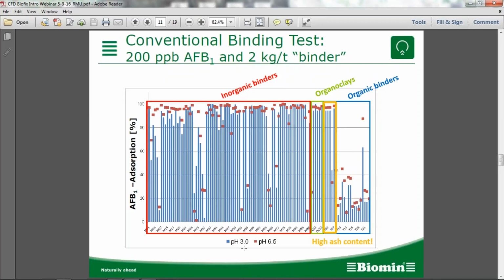So that's important to keep in mind, because you can see within the different products, some bind really well at one pH and not the other, or some of them are fairly consistent, like this first product, over 90% of the aflatoxins were bound at both pHs. At this product here, you can see over 90% were bound at pH 6.5, which is really good, but then when you move to an area potentially in the digestive tract with a lower pH, only about 50% of the toxins were bound.